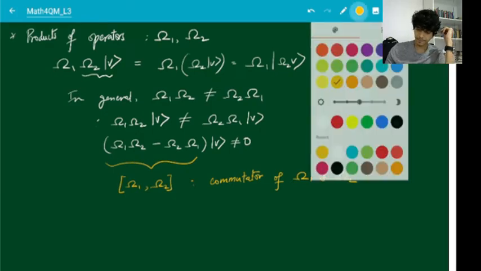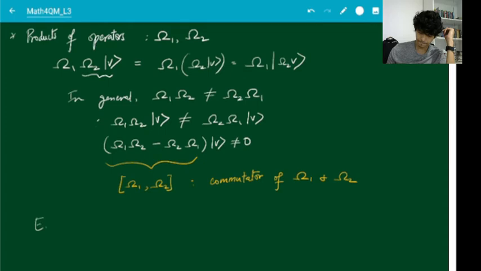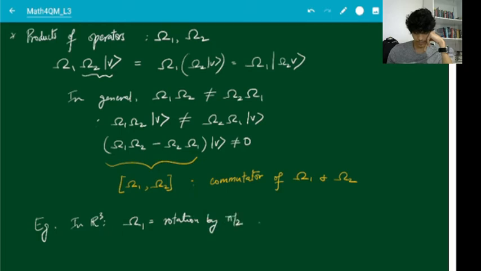Let's take an example. In R3, I'll take omega 1 to be rotation by 90 degrees about the x-axis, and omega 2 to be rotation by 90 degrees about the y-axis.